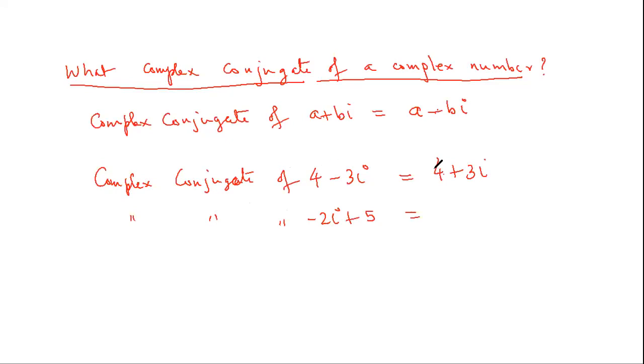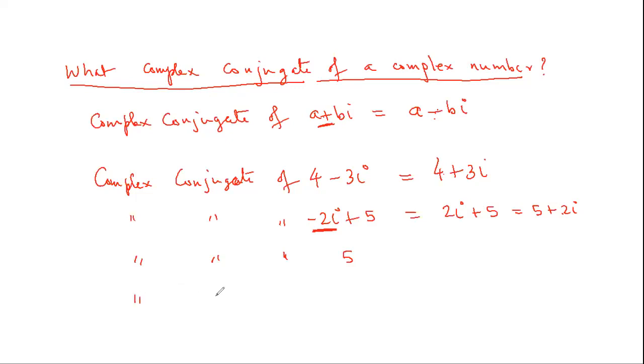Only the imaginary part sign will change. So it is 2i plus 5, or you can write it as 5 plus 2i. In a complex conjugate, only the imaginary part sign will change. Others will remain the same. Okay. What is the complex conjugate of 5?